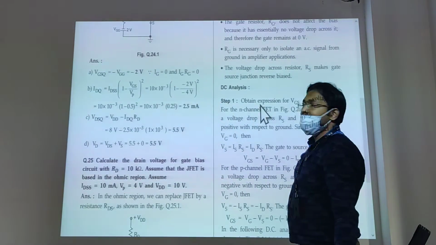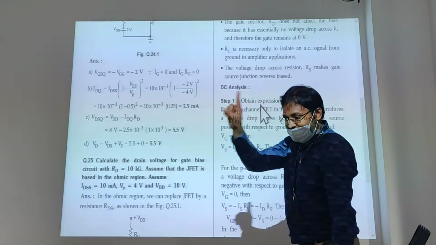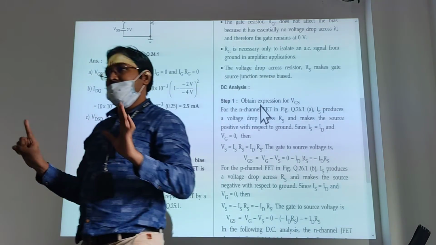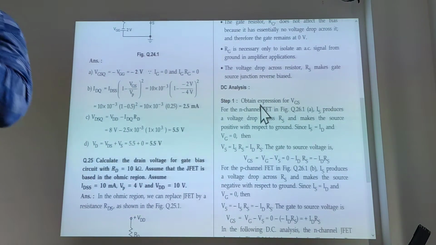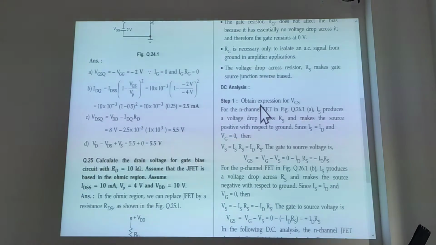So first three things we will do. Step 1, first we will find VGS. Step 2, that VGS we will substitute in the formula of ID, and we will get ID. Step 3, in the output loop we will write the KVL equation, drain to source, and from there we will find VDS.